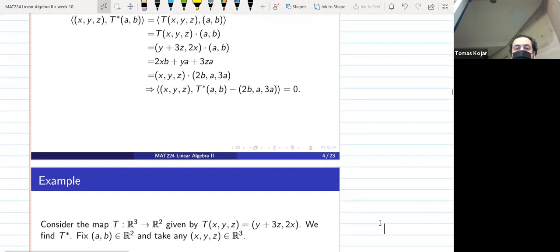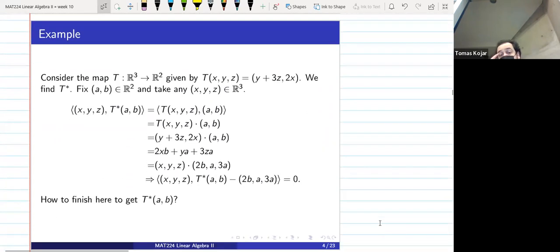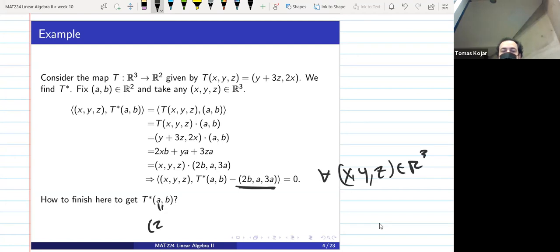And then the question is, how do you finish from here? How do you get that T star is this? This is a theory question. You know that this is 0 for all X, Y, Z in R3. How do you get that T star is equal to (2B, A, 3A)? Let's prove it.